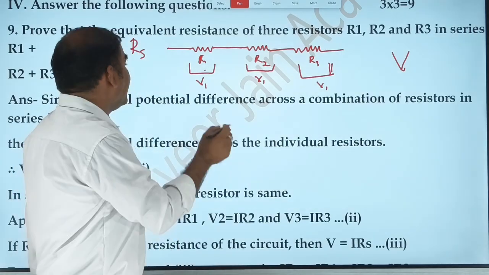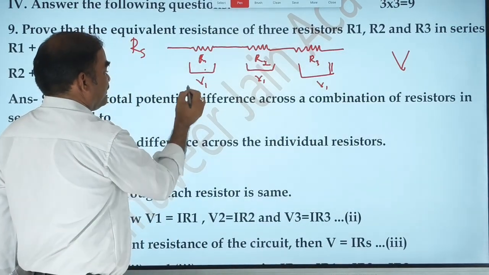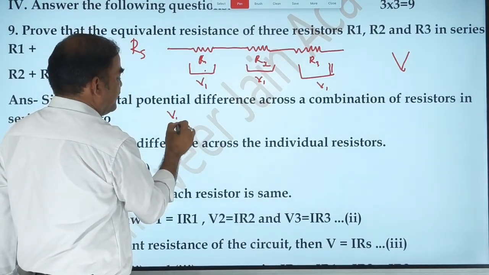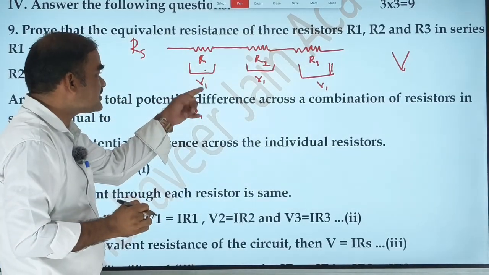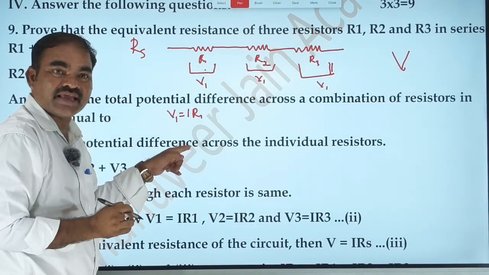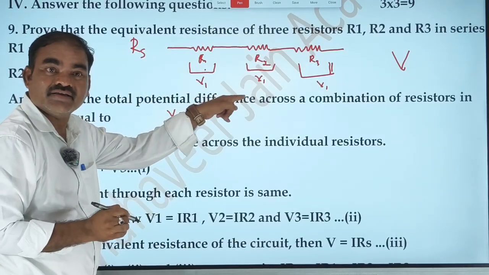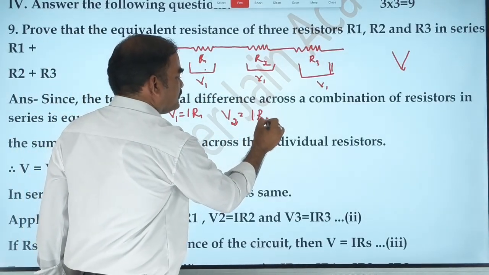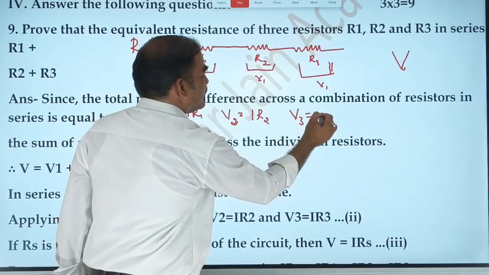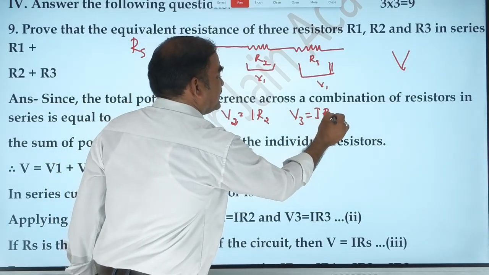Here we know that V1 equals IR1, because the potential difference is current times resistance; the current remains the same while the resistances are different. V2 equals IR2 and V3 equals IR3.